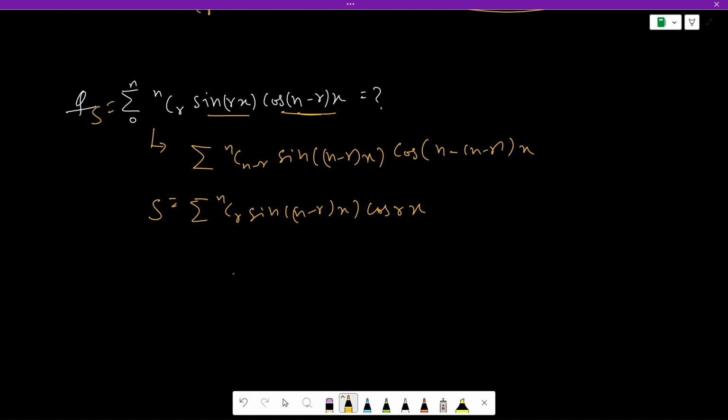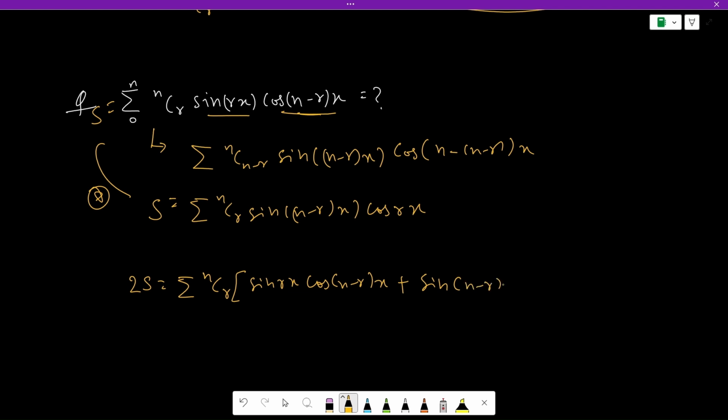This is also S. Now we will add them. So 2S equals summation nCr into sine rx cos n minus rx plus sine n minus rx cos rx.